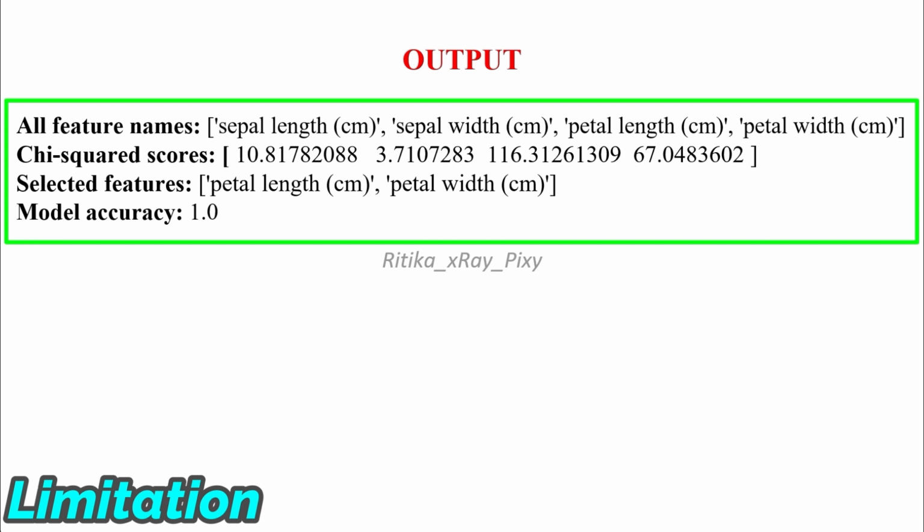So what we have here is one limitation: this test does not tell which feature is better in isolation. It just indicates the strength of the individual relationship with the target variable.